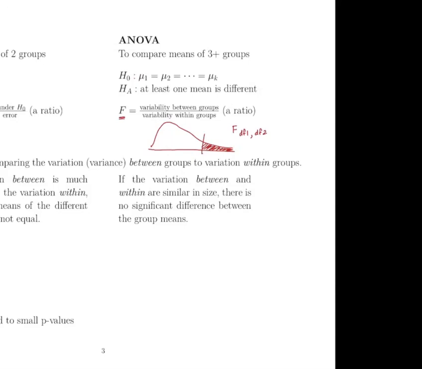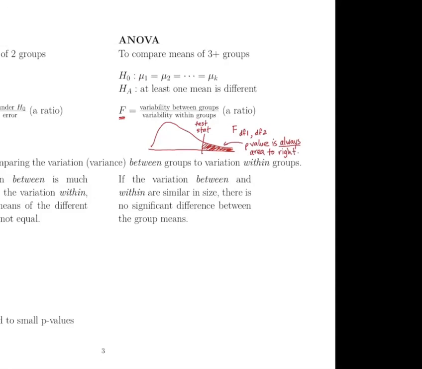F statistics always look at only the area to the right. So maybe I'll just write in specifically, if this is our test stat, the p-value is always the area to the right. And we'll go through an example of that.